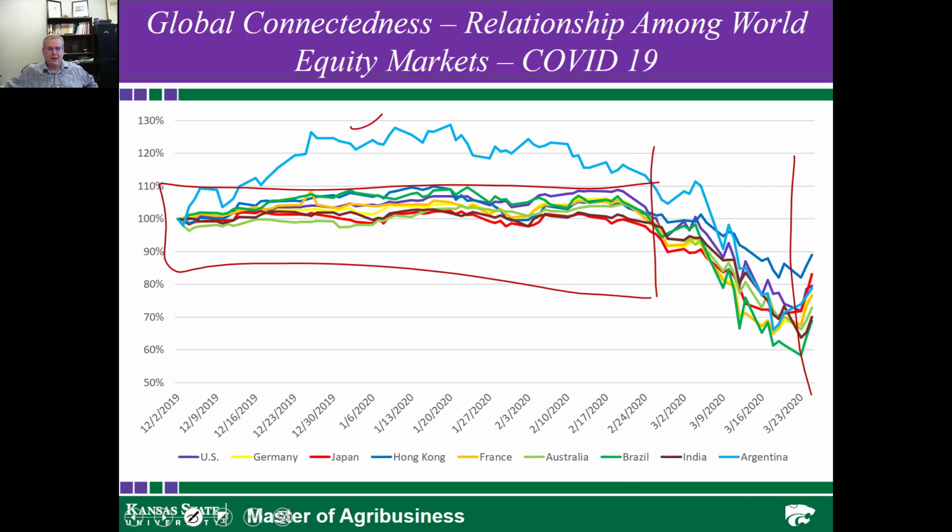Roughly in a 20-day period, we went from equity markets being at about 100% of their value from December 1 to having lost anywhere from roughly 14-15% to 40% of the market value by the time we hit the bottom. Again, these graphs only go through roughly the 26th of March, and you can see that some of them bounced off. It will be interesting to see just how those graphs have continued to move.